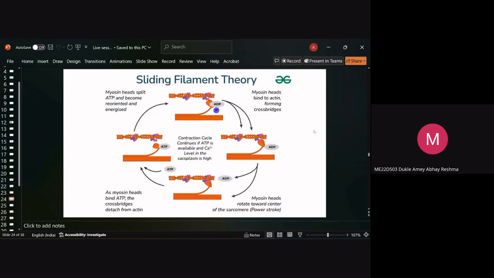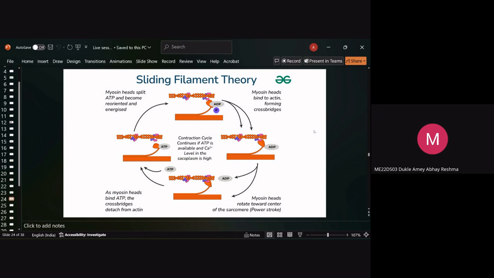This is a GK kind of question. This is how the sliding filament theory works. There is a release of ATP, adenosine triphosphate, the energy molecule inside our body. Because of that, there is a binding between the two filaments, and a cross bridge is formed.